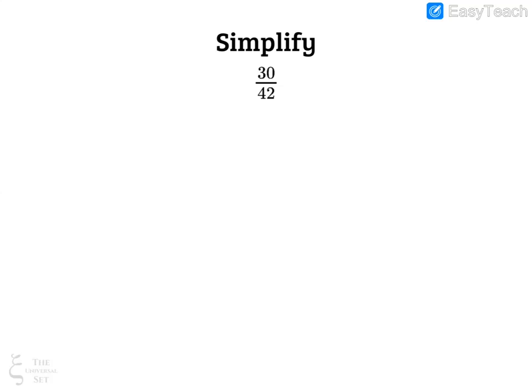Let's try another. Now this time I've got 30/42ths, or 30/42, and I want to try and simplify that. Now the numbers are a bit bigger this time, so it's still the same idea, but it's just going to be a little bit more complicated. So first off, what can I divide both of these by? What times table has both 30 and 42 in it? Well, I reckon that these are both even numbers, aren't they?